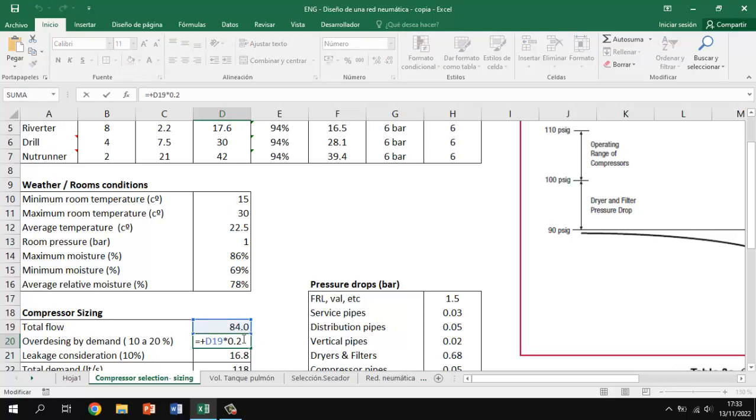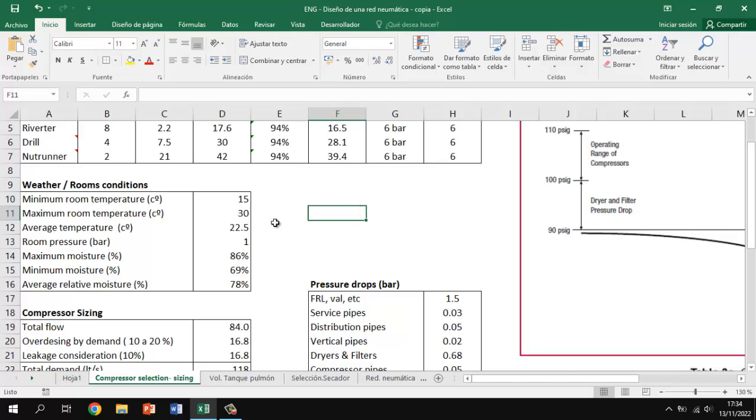You see, it is 20% of the total flow, and this is going to handle air leakage, which exists in every factory. In every factory that you go to, or every place, there's always air leakage.